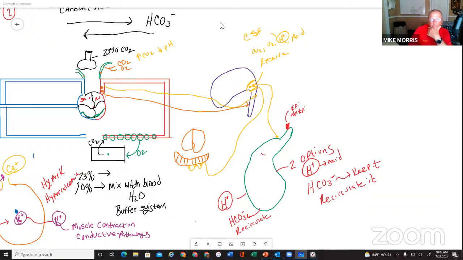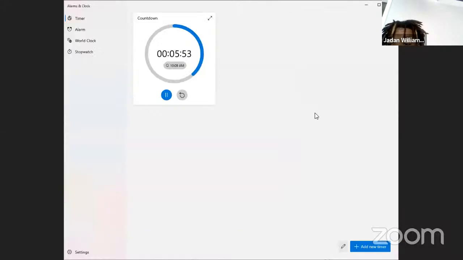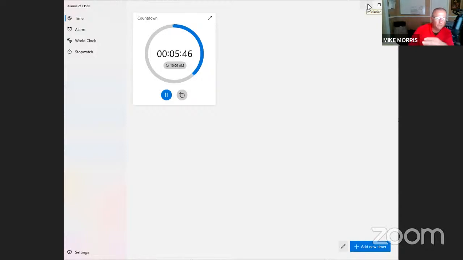I have another little question real quick. Is the bicarbonate itself the compound? That's not the kidneys, right? That's just what helps the kidneys, right? The bicarb itself helps everybody.